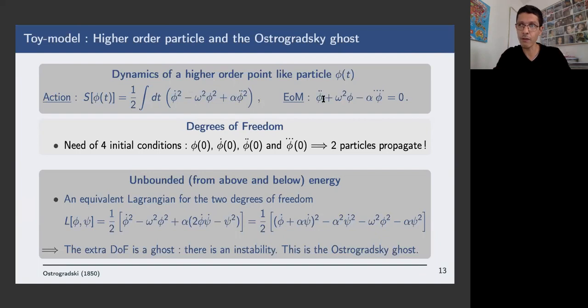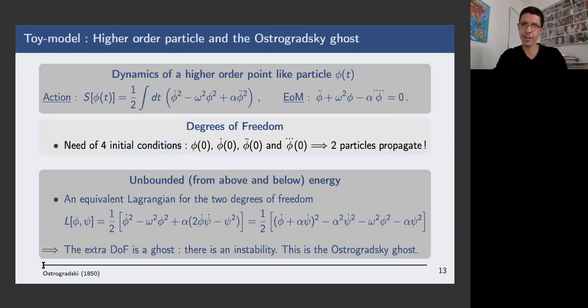If you look at the equation of motion that you derive simply from this action, you get the harmonic oscillator plus a fourth derivative of phi in the equation of motion, which means that, of course, you need 4 initial conditions to integrate this equation, and 4 initial conditions means that you have 2 particles which are propagating in the theory.